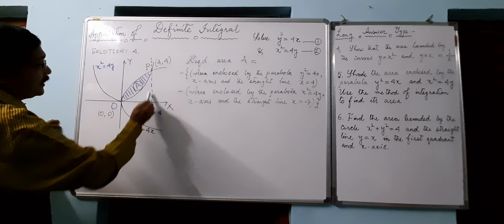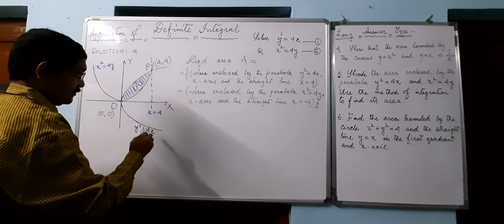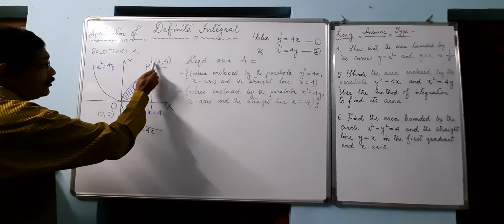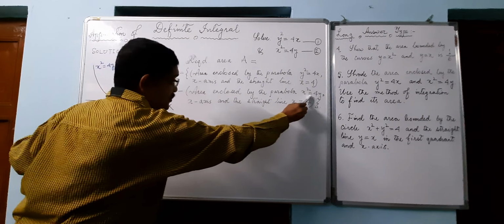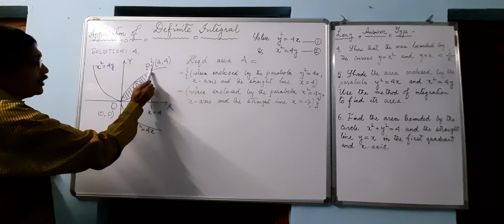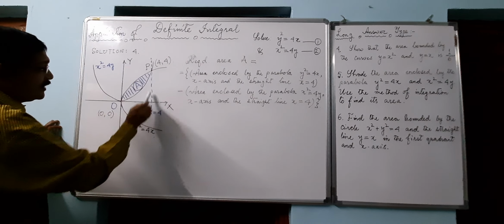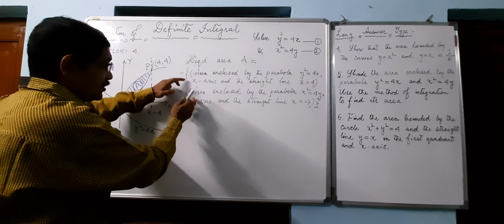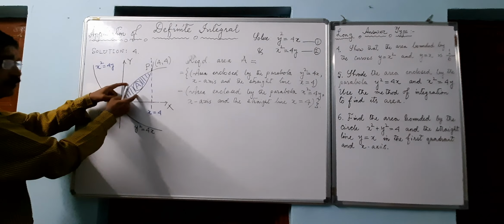This curvilinear area gives the first one, minus the area enclosed by the parabola x square equals 4y, the x-axis and x equals 4. This gives another curvilinear area. So if we subtract, we get this shaded portion.